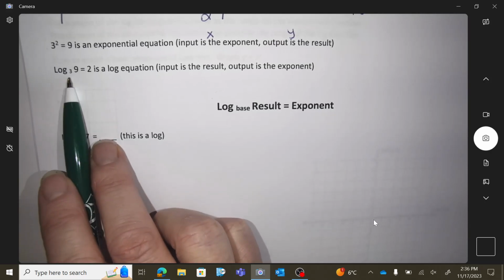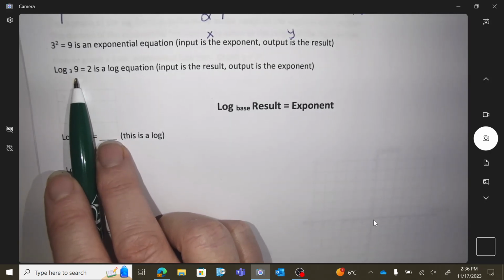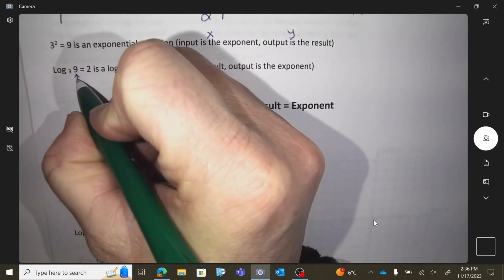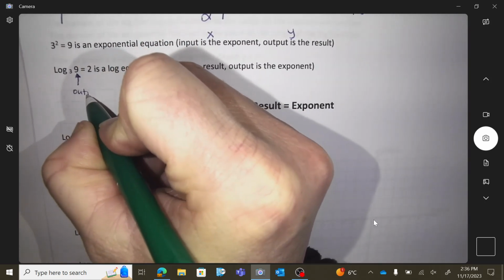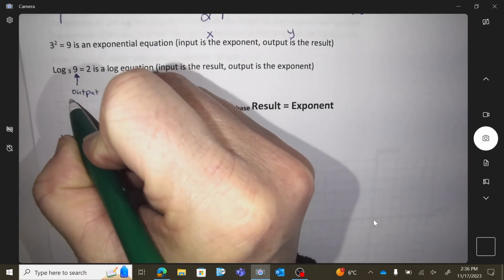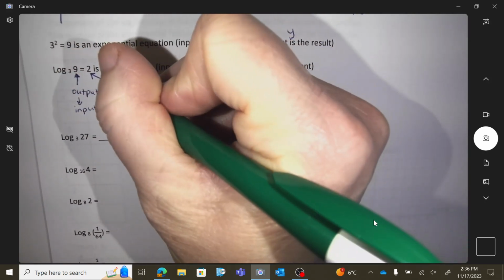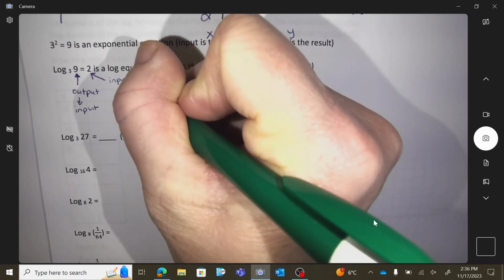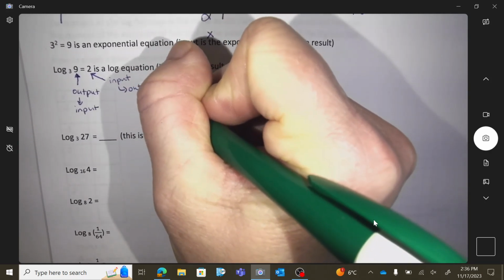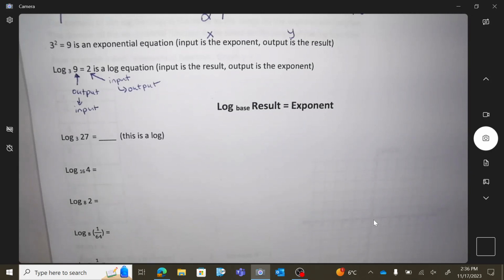So now this is an input. Sorry, this is the output of the other one, but now it's the input. And this was the input, but it's now going to become the output. So it's weird for your brain to say at the very end it equals, and then we're going to answer the exponent. Usually we talk about math, we say here's the result. But this time we're going to answer what's the exponent.